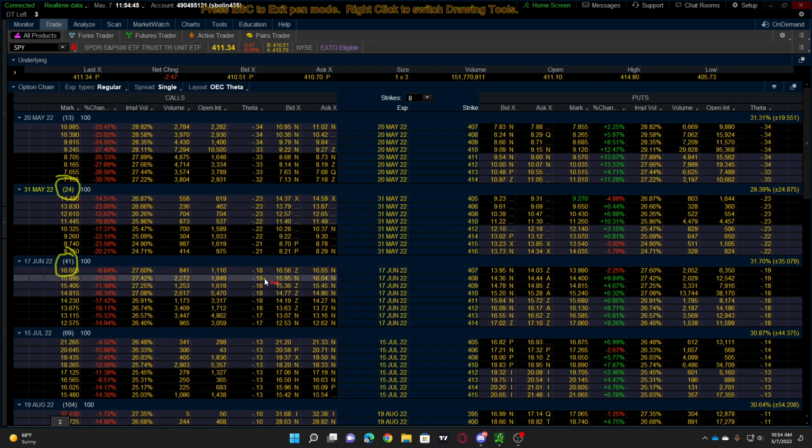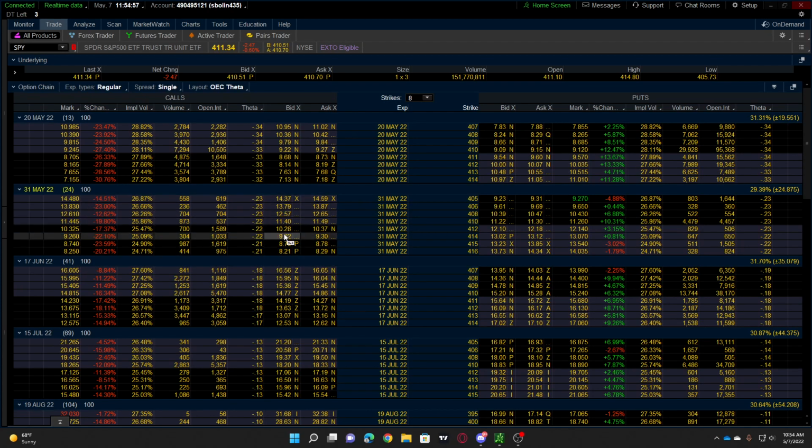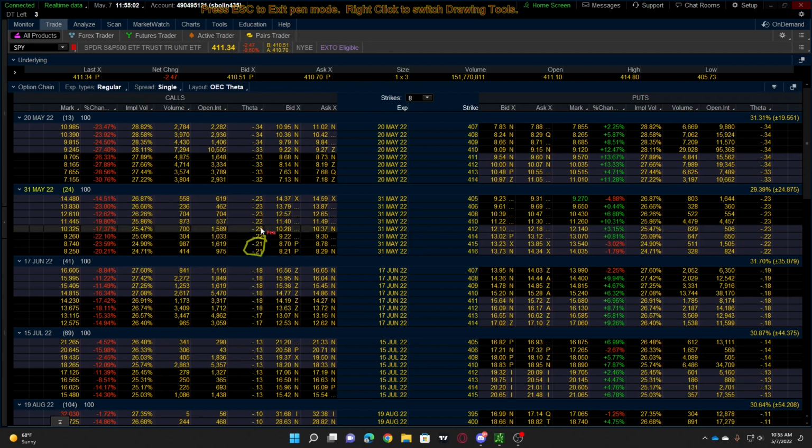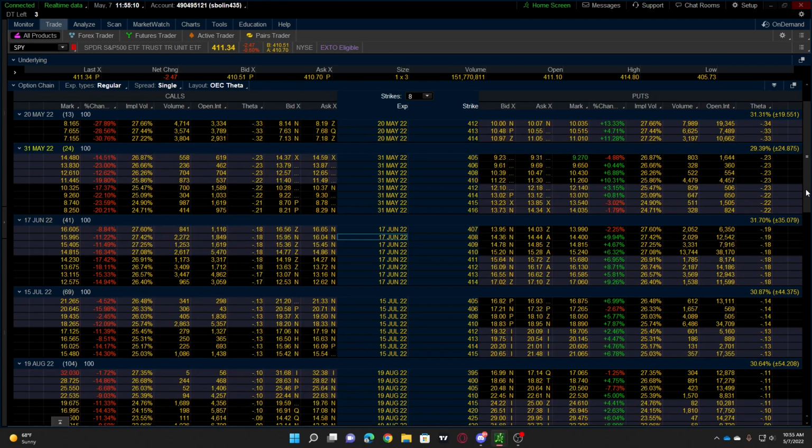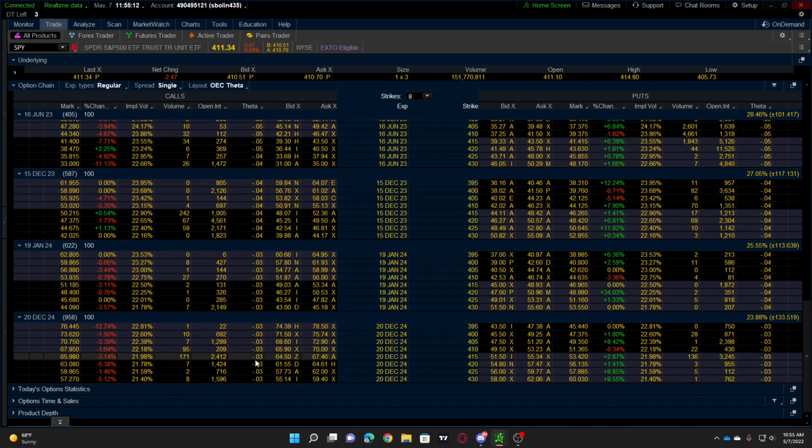And the option value went from 18 cents in theta to 23 cents in theta. Another thing worth pointing out while we're doing this exercise is notice now that we're much closer to expiration, the strikes that we're looking at actually have different theta values. We've got 21s, 22s, and 23s. When we were very far out in time, all the strikes had the same theta value.